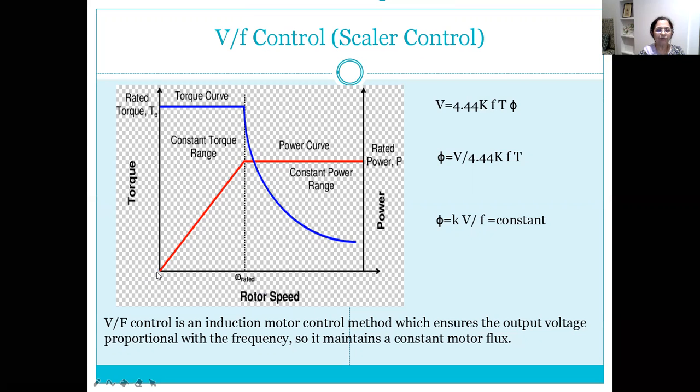If we see carefully, from 0 speed to rated speed, this is the below rated speed region, in which torque can be generated to maximum value, and this is considered as a constant torque range of operation.